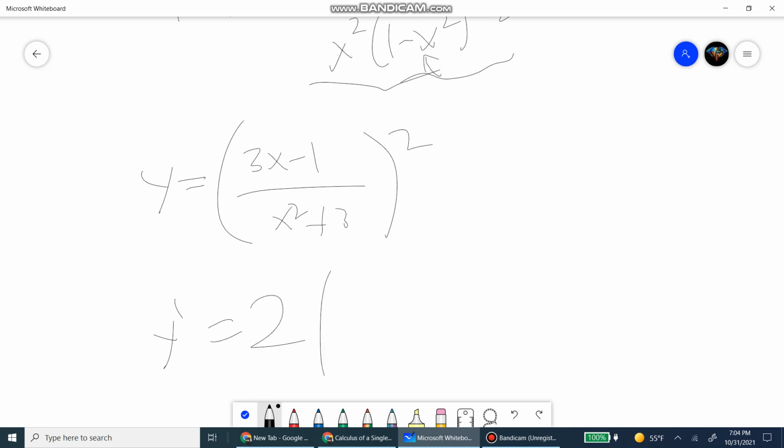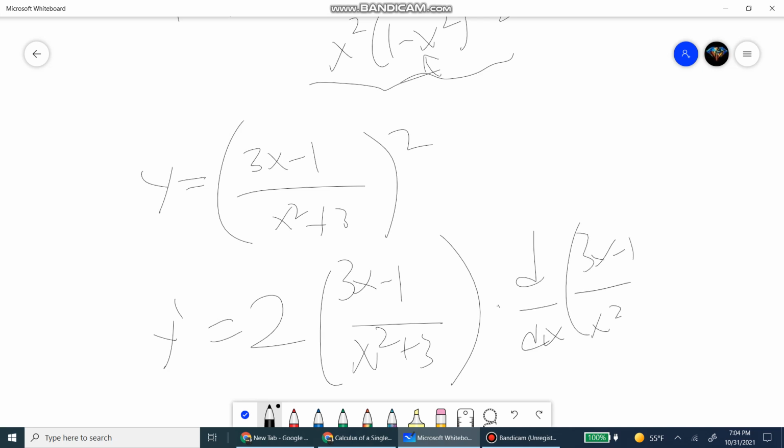So you do the 2, then (3x minus 1 over x squared plus 3) to the first power. Then you multiply by the derivative of the inner function, which is 3x minus 1 over x squared plus 3. Guess what? You take the derivative using quotient rule. And then you have the outer function multiplied by the derivative of the inner function.